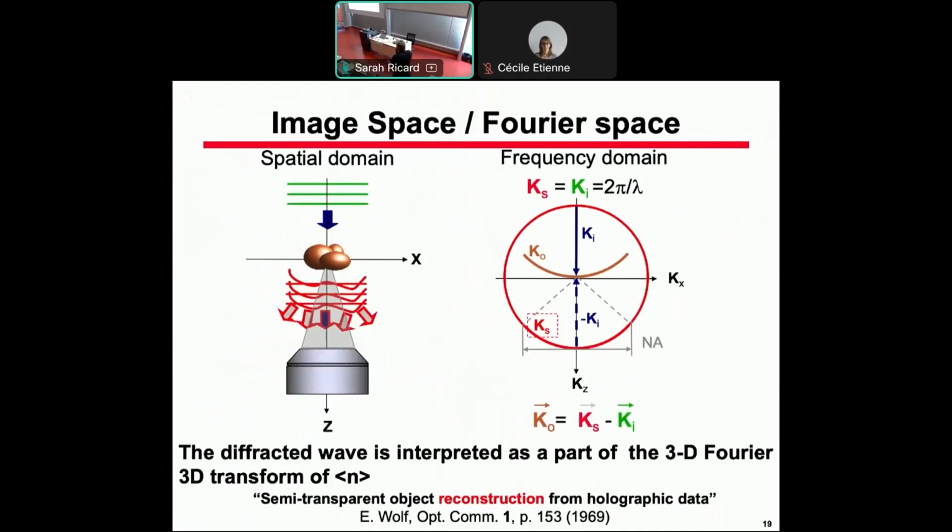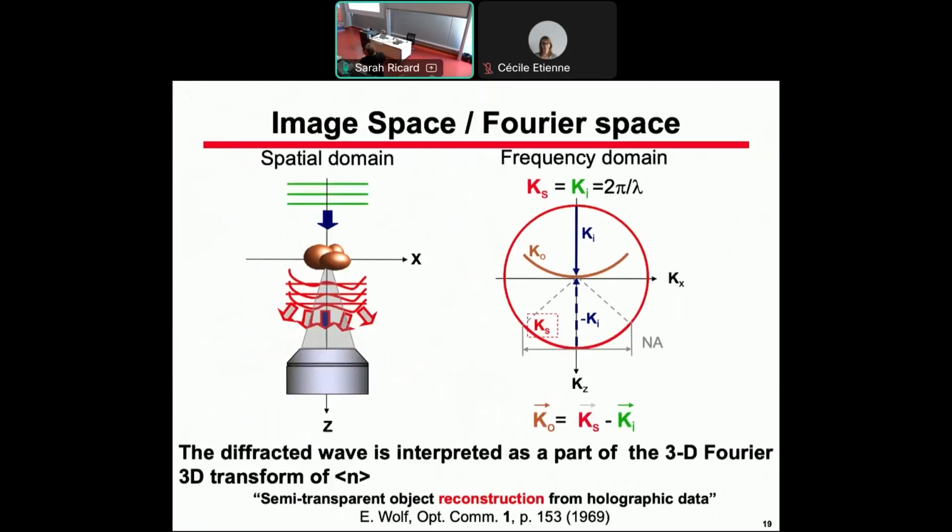One is not very used to Fourier space. But it's simply saying that in the spatial domain, we send a plane wave and we measure wavefronts which are distorted.